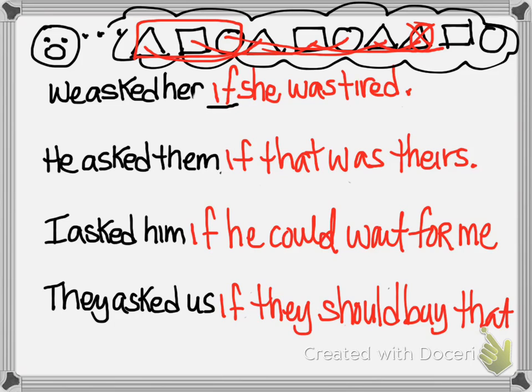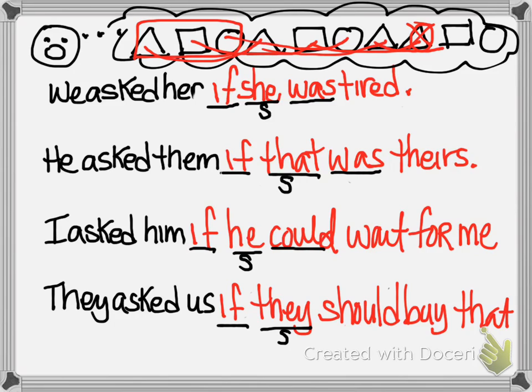We have if. And then what comes next? We have she, that, he, and they. She is a subject. That is a subject. He is a subject. They is a subject. And then we have was.